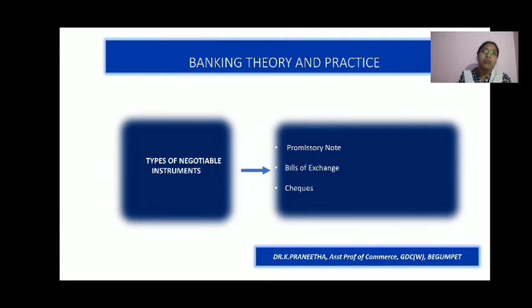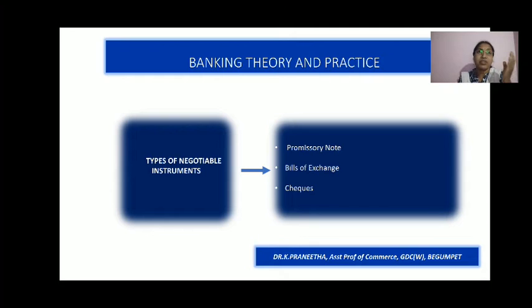It is a written promise made by one person to pay a certain sum of money due to another person or any other legal holder of the document. According to Section 4 of the Indian Negotiable Instruments Act 1881, a promissory note is an instrument in writing containing an unconditional undertaking signed by the maker to pay a certain sum of money to, or to the order of, a certain person or to the bearer of the instrument.